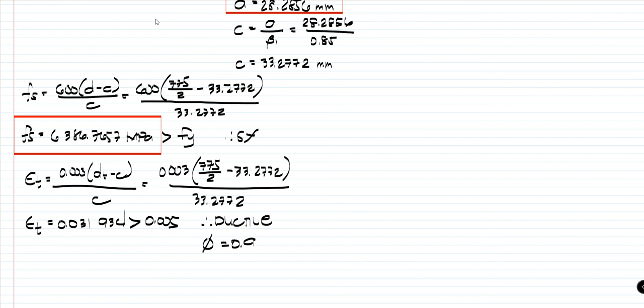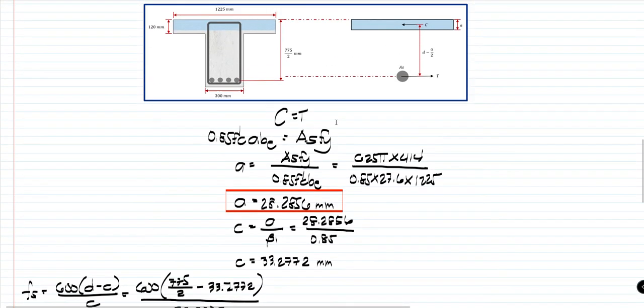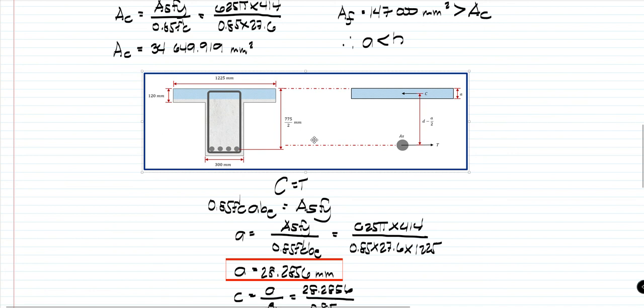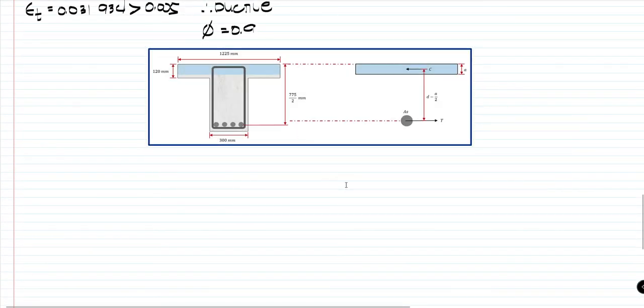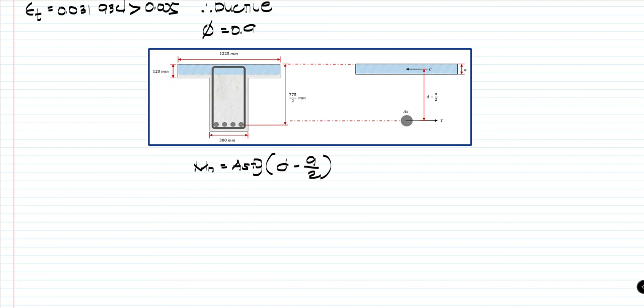So now we can proceed in getting our ultimate moment capacity. So kunin natin yung diagram. So ito, syempre pwede natin kunin yan on the tension side or on the compression side. So for this one, kunin ko on the tension side. So that will be Mn is equal to As, and since yielding, that should be Fy times d minus a over 2. Same as a rectangular singly reinforced beam.